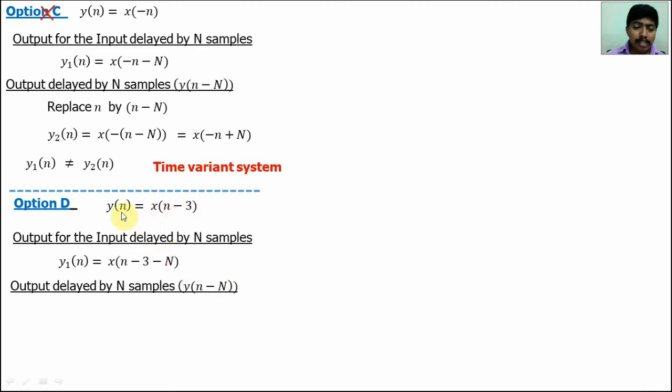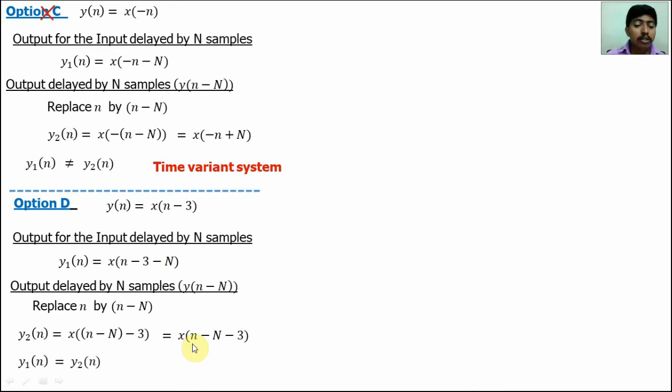If you replace n by n minus n, we will get the output delayed by n samples. So replace. We will get y2 of n is x of n minus n minus 3. Simplifying this equation we get x of n minus n minus 3. Both y1 of n and y2 of n are the same, both are equal. So this is a linear time invariant system.